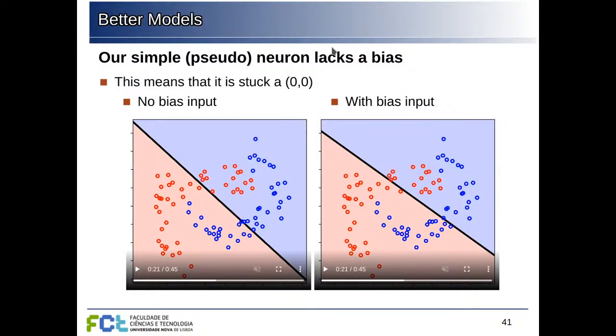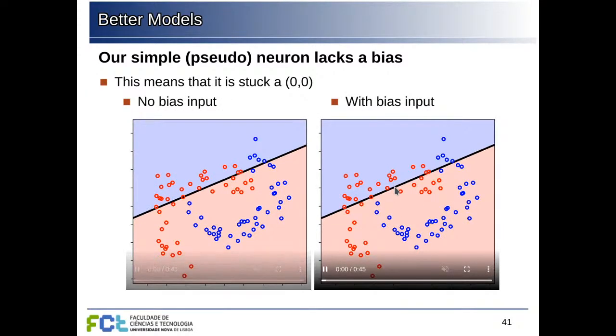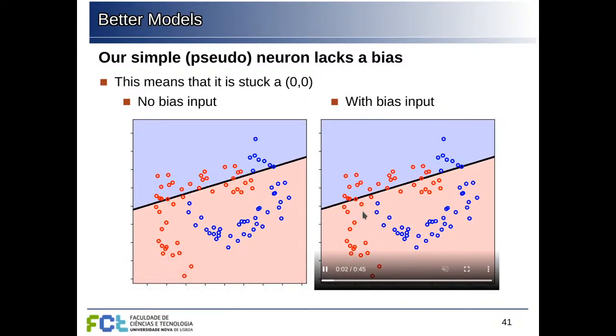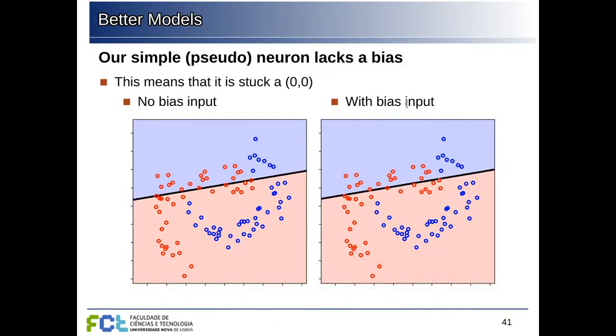So this is the reason for using these bias values: we have an additional degree of freedom and can change the position or the output of our neuron independent of the values of the inputs.